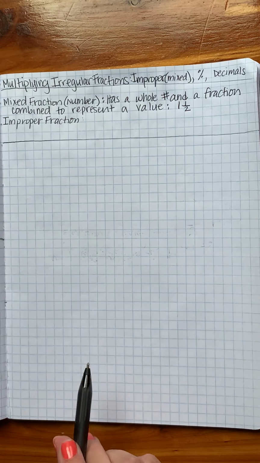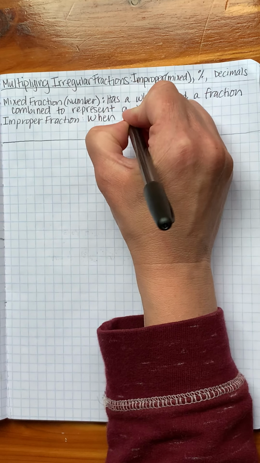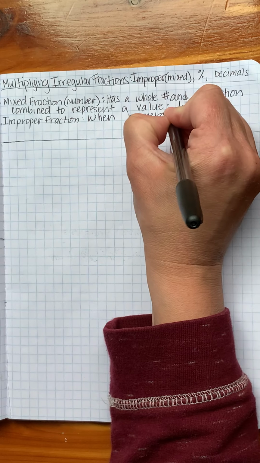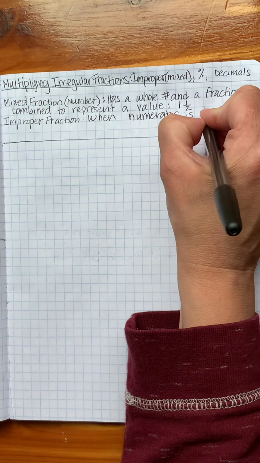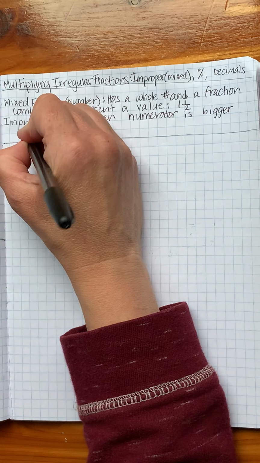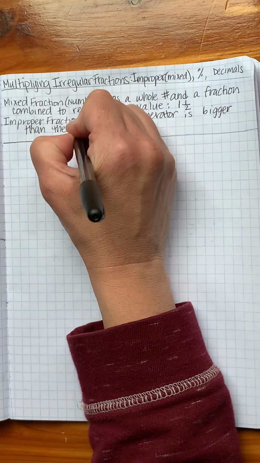Okay, an improper fraction is when the numerator, that number on top, is bigger than the denominator.